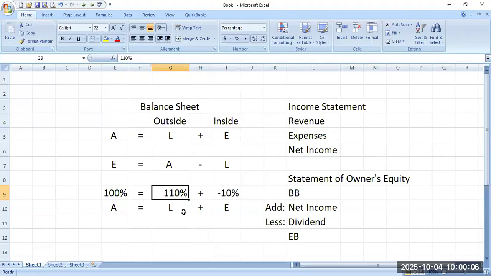Mathematically speaking, it's impossible. In reality, that may happen. That means the owners lost everything, and now not only lost everything, they have to pay from their pockets to cover the difference.